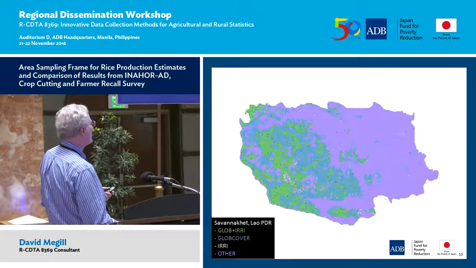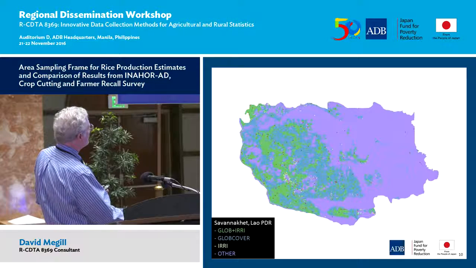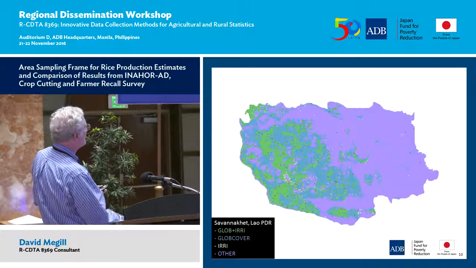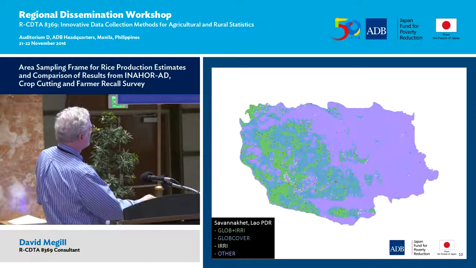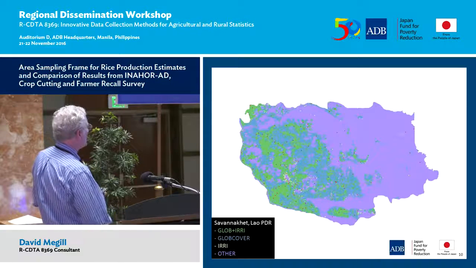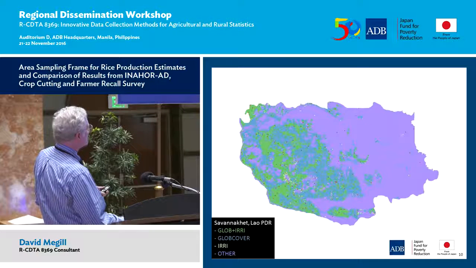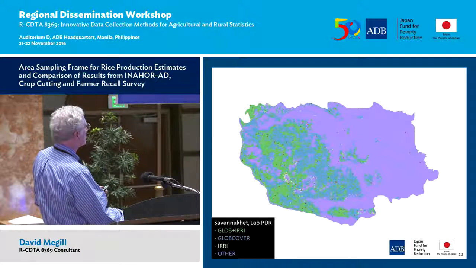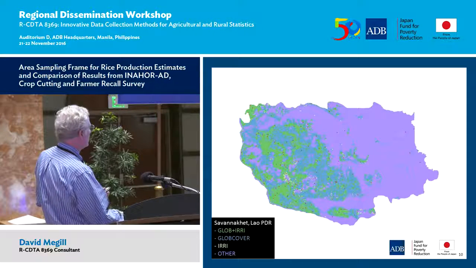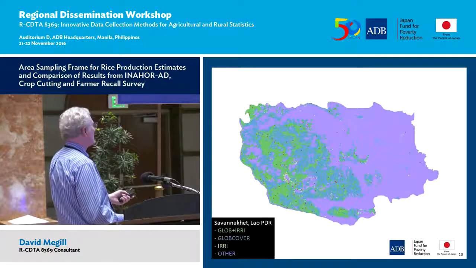GlobCover plus IRRI is the green, and you can see there are patches here. And GlobCover, you see, has a lot more area outside of the overlap of GlobCover and IRRI. And finally, you have very small pockets of area that was only identified as riceland in the IRRI stratum. So, okay, that's Savannakhet.